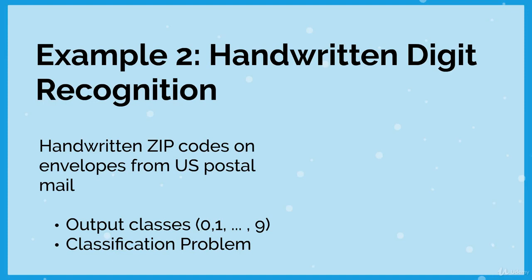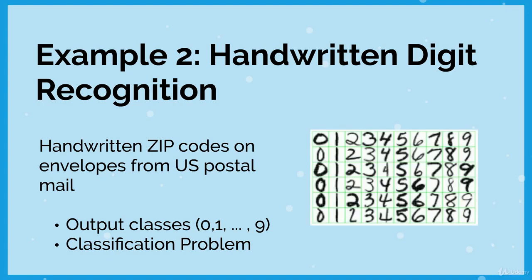For this problem, you're going to have 10 output classes, 0 to 9. So if you notice, we can have more than 2 output classes. We can have any number of inputs and any number of outputs in these problems. And again, this is a classification problem. Even though it's technically a numerical output here, it's actually just a class because it's the 0 class, 1 class, 2 class, all the way up to 9.